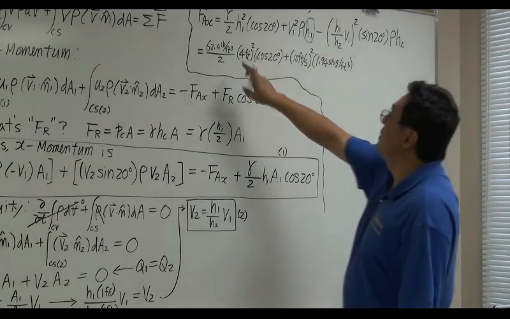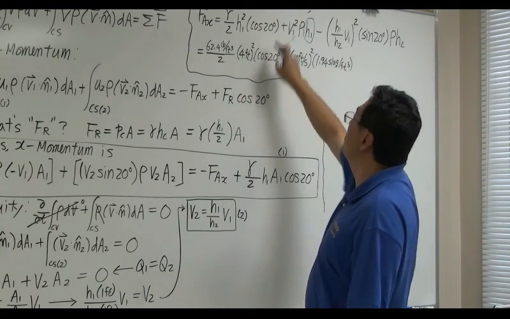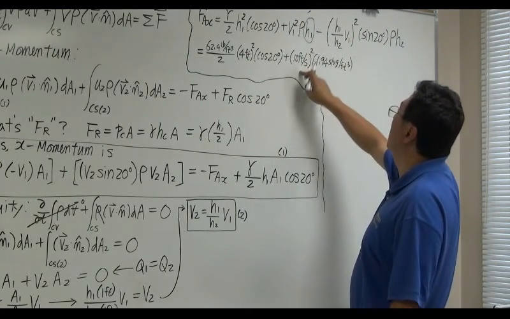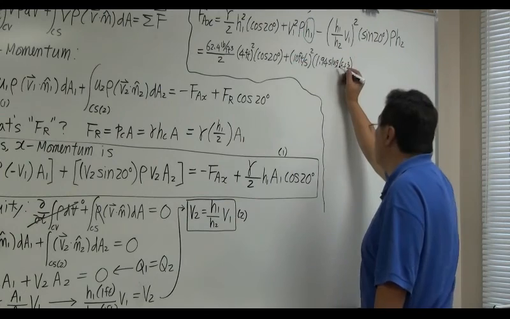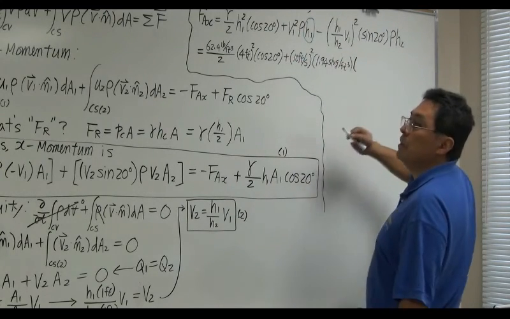So this is 1/2 of gamma, H1 is 4 feet squared, cosine 20, plus V1 10 squared, density, multiplied by H1, which is 4 feet.